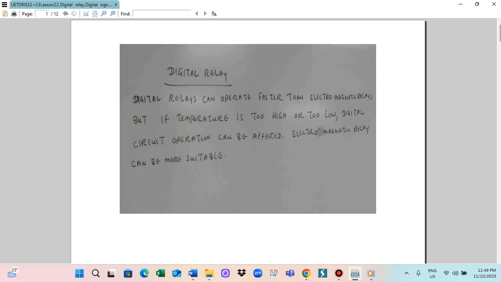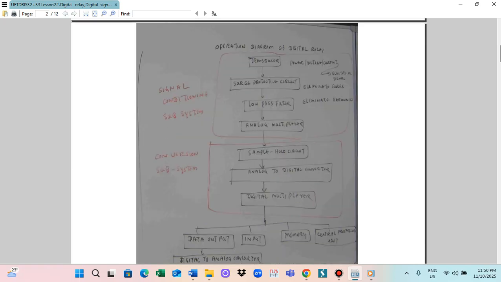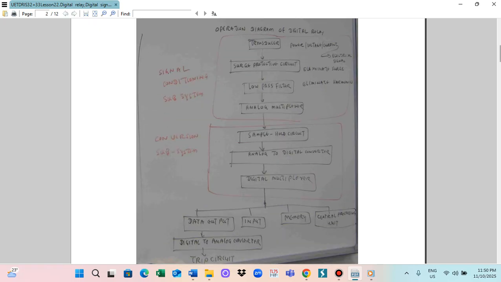So now I will use typical relay operation programs as a flowchart. Normally we start from here, start. Stepwise, the first thing is that the relay has to acquire the input data.